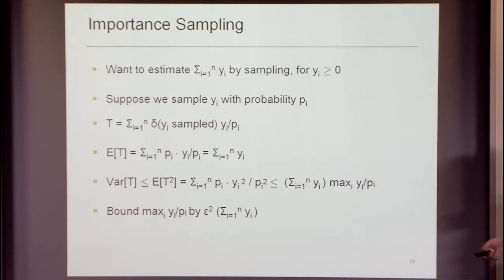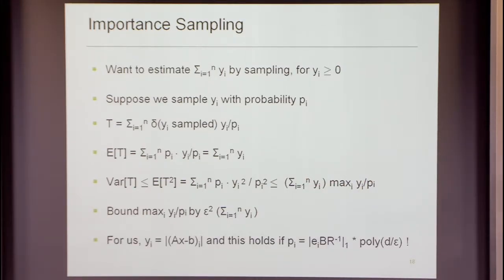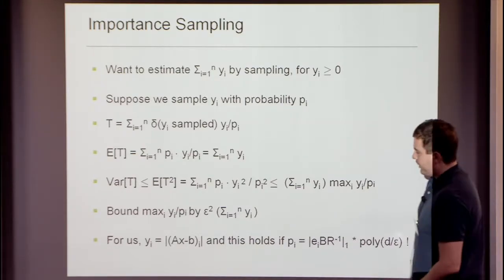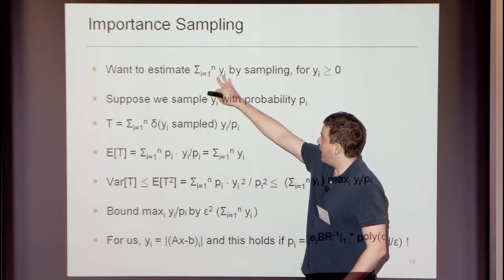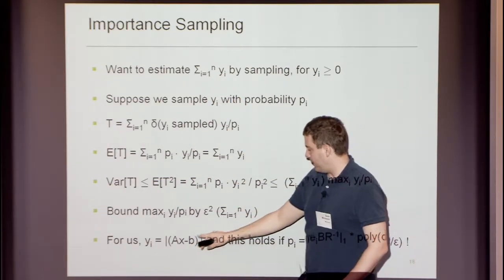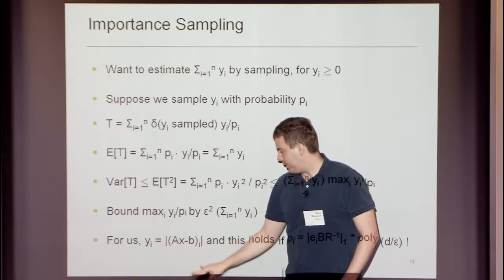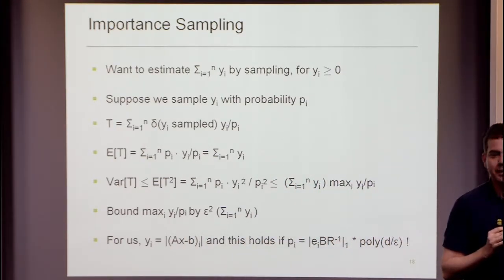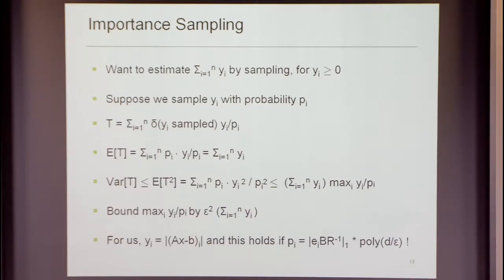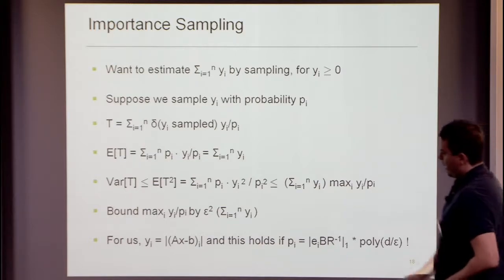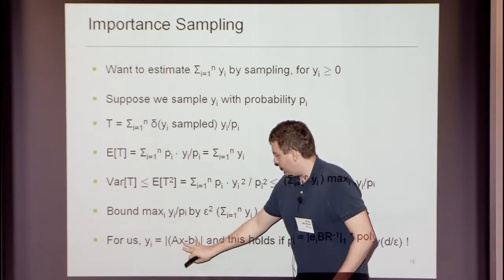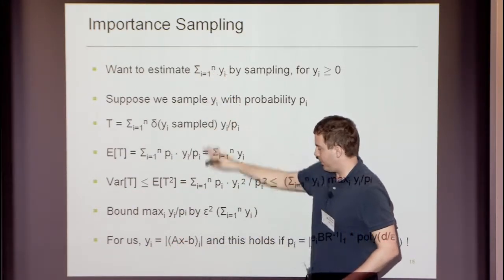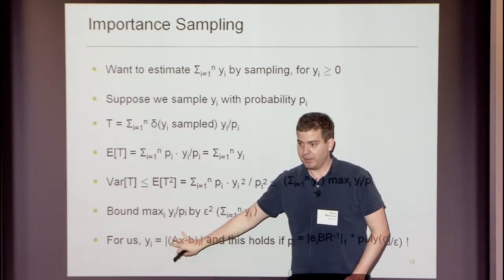This is a standard importance sampling framework, and what we apply this framework to is: y_i is going to be the absolute value of the ith coordinate of Ax minus b, for a fixed x. If I take this y_i and plug it in here, this is just the one norm of Ax minus b, right?